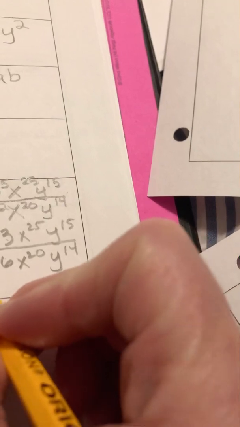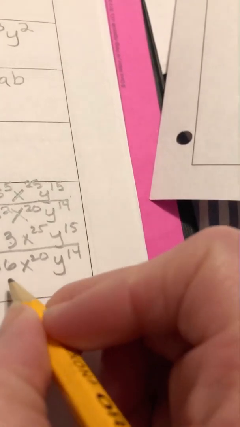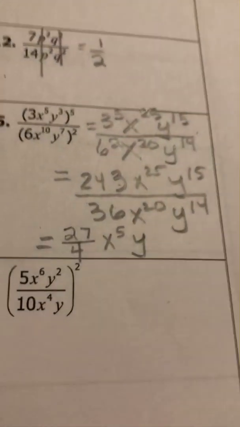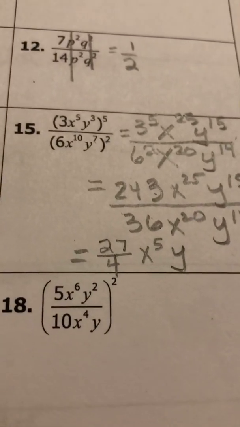When I did this before, I ended up with 27 over 4. And I'm going to have x to the 5th times y. Sorry, I think that I wasn't even on the right problem, but take a look at this.